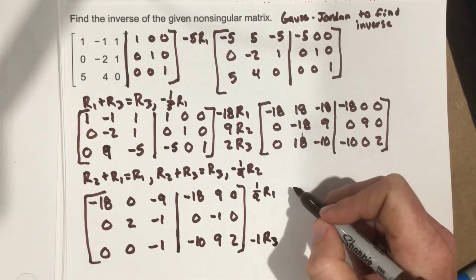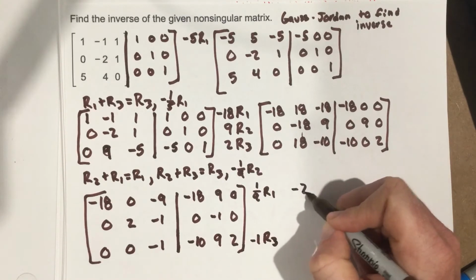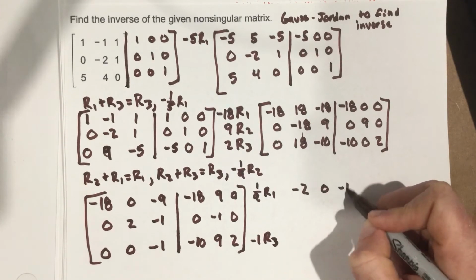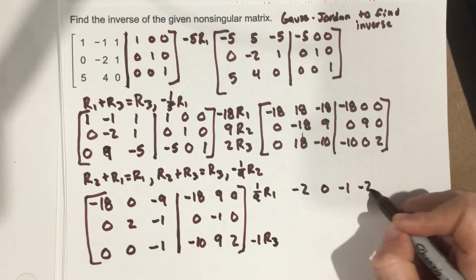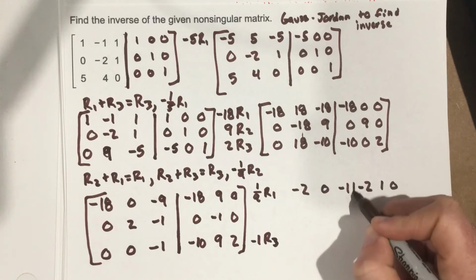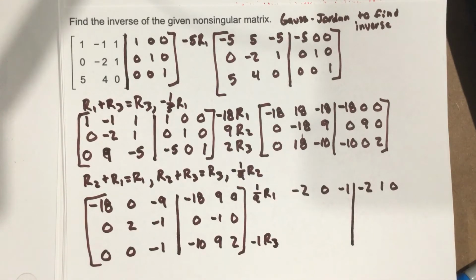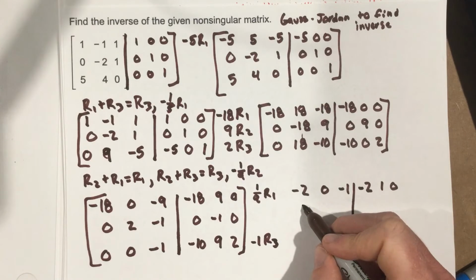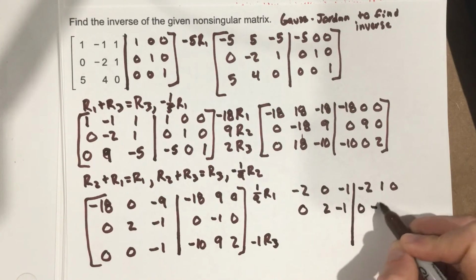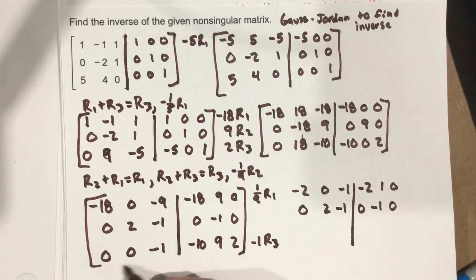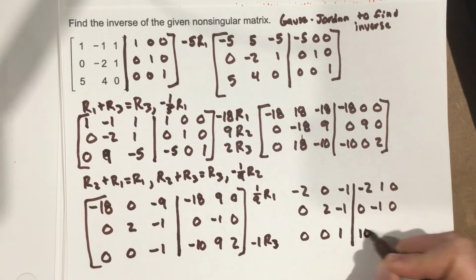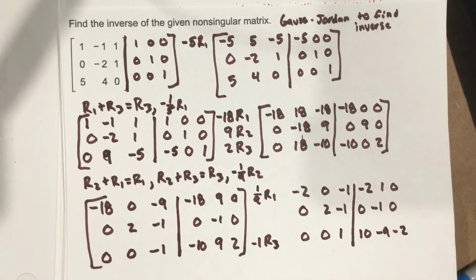And that's going to give you negative 2, 0, negative 1, negative 2, 1, 0. And then we're going to get 0, 2, negative 1, 0, negative 1, 0. And then on this bottom part, we'll get 0, 0, 1, 10, negative 9, negative 2.